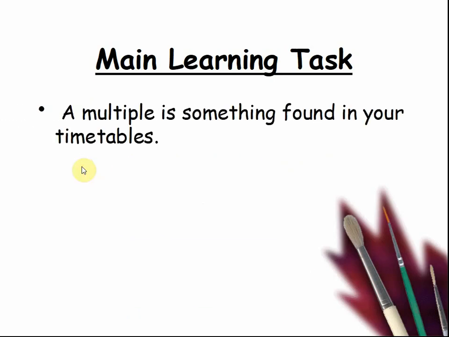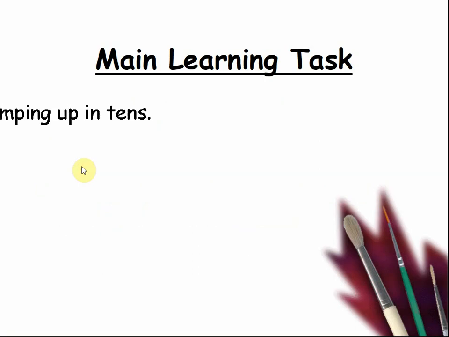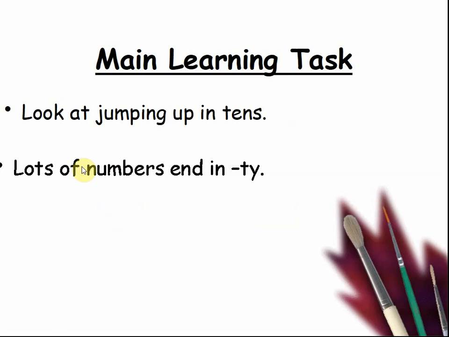A multiple is something found in your times tables. So if a number is in your 2 times table, it is a multiple of 2. Look, by jumping up in 10s: 10, 20, 30, 40 are all multiples of 10.